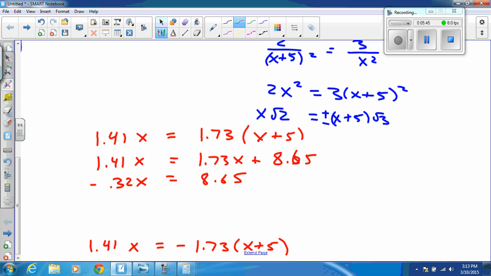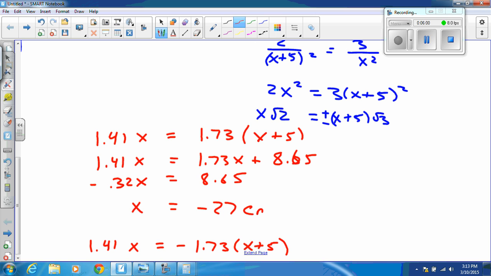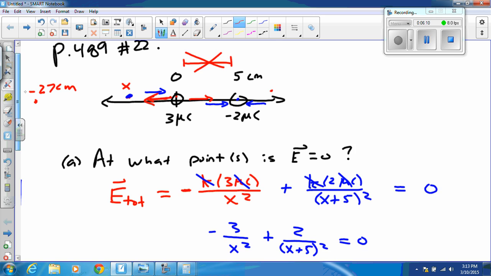Or in other words, x is equal to 8.65 divided by negative 0.32, or negative 27 centimeters. So our first point where we have zero field is way out over here at negative 27 centimeters.